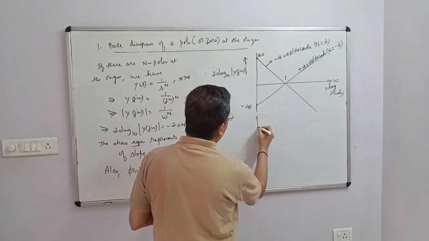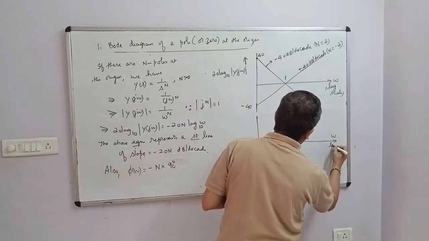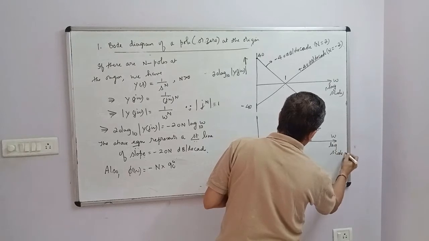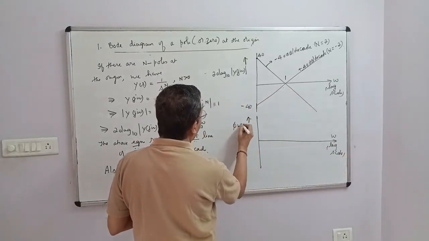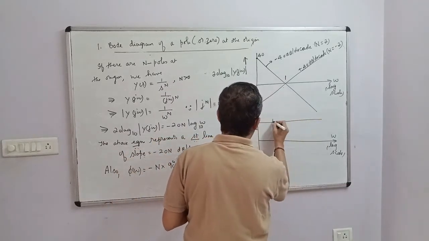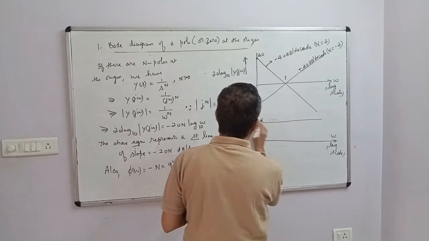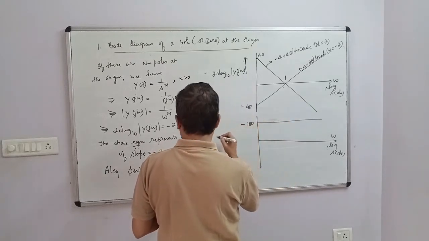Next I'll write phi of omega. The x-axis is omega in log scale. The y-axis is phi of omega. This is the plot. When n is 2, what is this angle?